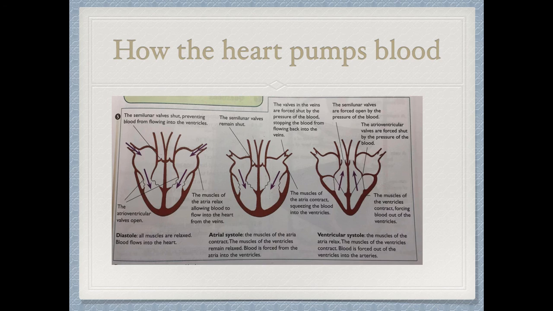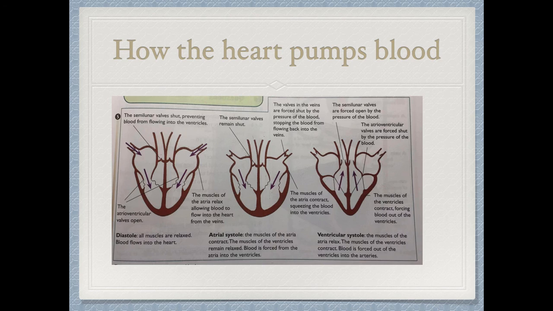Now the next stage, or the last stage, is the ventricular systole. This is where the muscles of the atria relax and the muscles of the ventricles contract. Blood is forced out of the ventricles into the arteries, either into the aorta or the pulmonary artery.